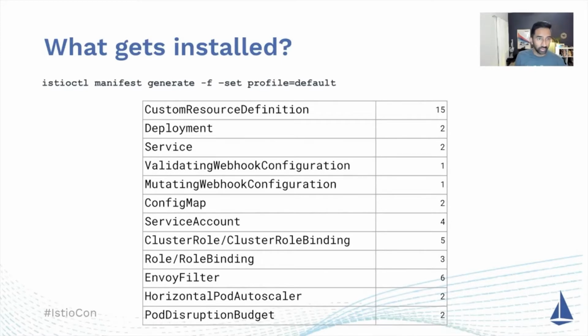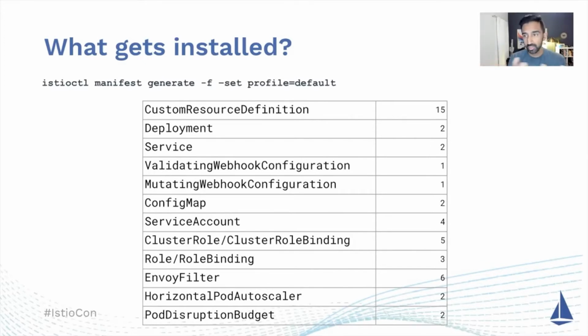If you do istioctl manifest generate, and you point it at your Istio operator file or one of the pre-configured profiles, default, demo, minimal, etc., you'll get an output of all the YAMLs of everything that will get installed into your cluster. If you were to run that on the default profile using that command, these are all the YAMLs that would get applied to your cluster.